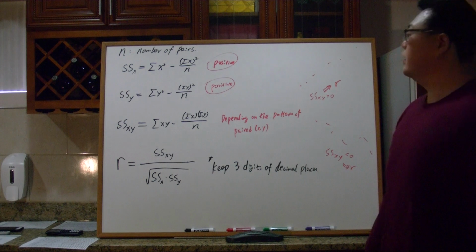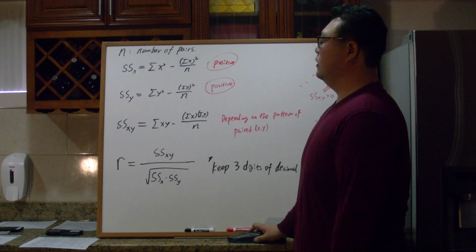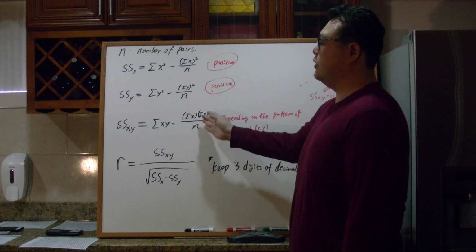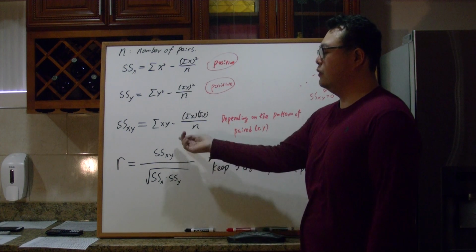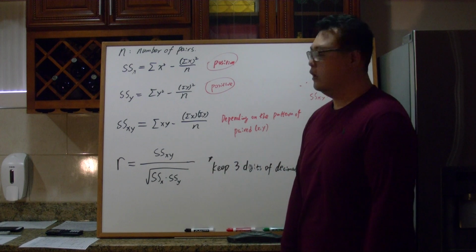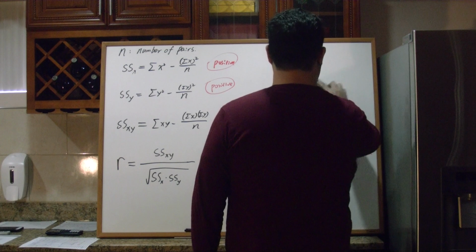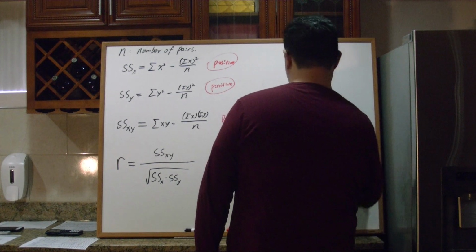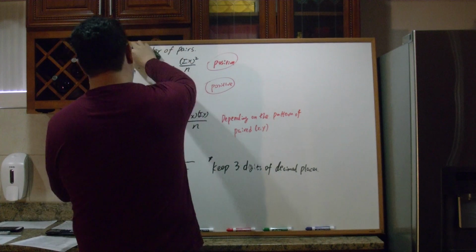Right, so that is our formula, and that is our calculation of three basic things, the three sum square errors, then we use those to find our r, a shortcut formula.